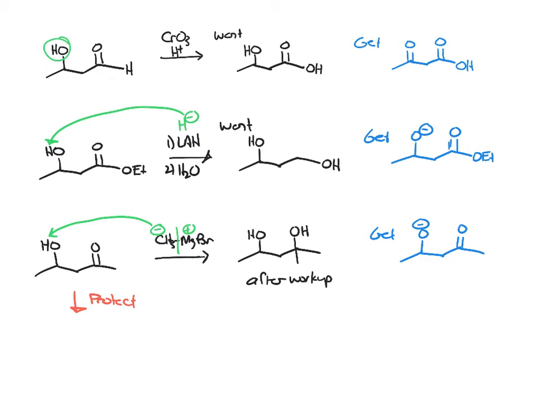I'm just going to use TMSCl, that's trimethylsilyl chloride, but it could be any carbon groups on there. All right, so what that'll do is put this trimethyl silicon on the oxygen.